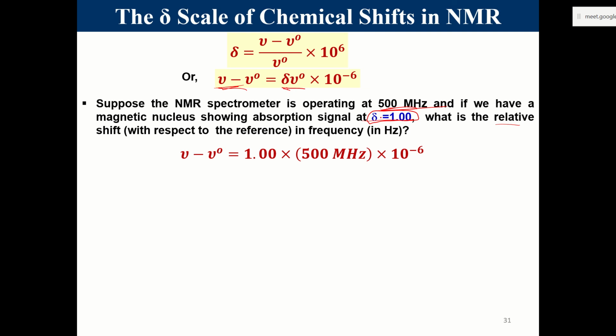So you can easily do this, a simple calculation. So you fit this here. This is, you see the formula आप यहाँ से ऐसे डाल रहे हो, 1 into 500, sorry, 500 hertz into this. So this is your difference, 500 hertz chemical shift into this frequency into 10 to the power 6.